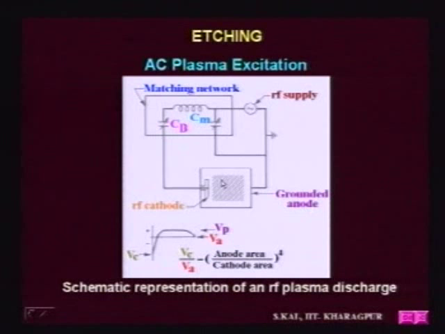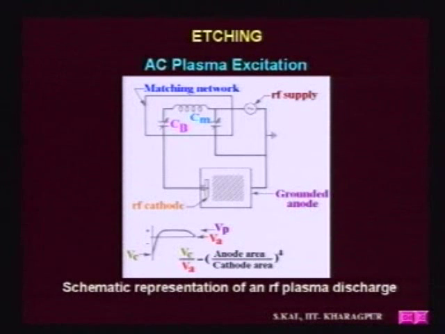And that actually happens, because ions are heavy and their movement towards this electrode is not to the extent that net charge accumulation is possible. It will remain negative, because in the earlier cycle a lot of electrons accumulated there. So for those reasons, this electrode remains similar to the cathode in DC plasma. That is why this electrode is given the name cathode.